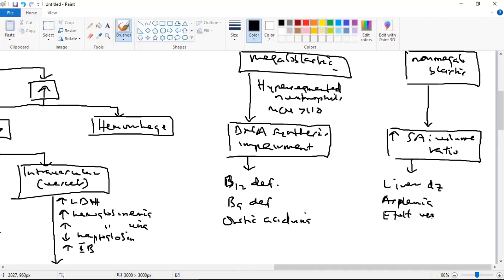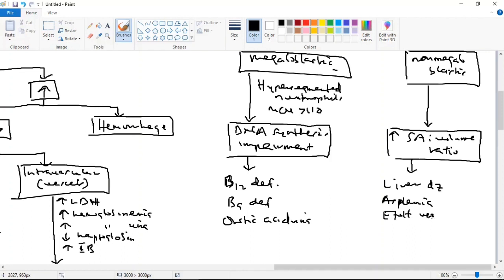If B12 is deficient, there's going to be demyelination of certain tracts in the spinal cord, typically the dorsal column and the lateral corticospinal tract, and that will lead to subacute combined degeneration of the spinal cord. So we're going to see upper motor neuron manifestations as well as a loss of proprioception, vibration sense, and position sense in a patient with B12 deficiency, which I won't see in B9 deficiency.